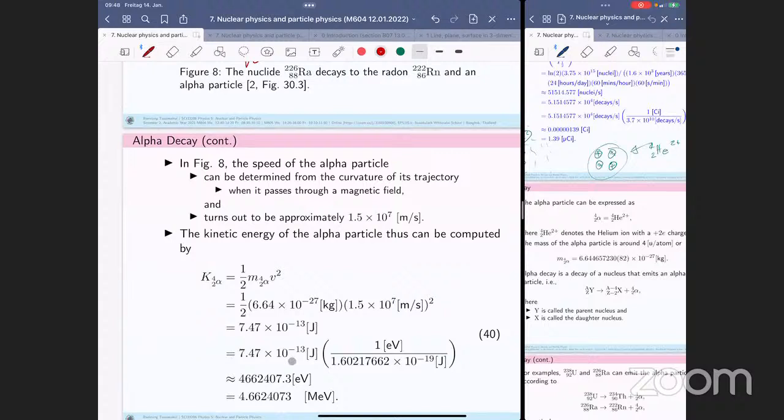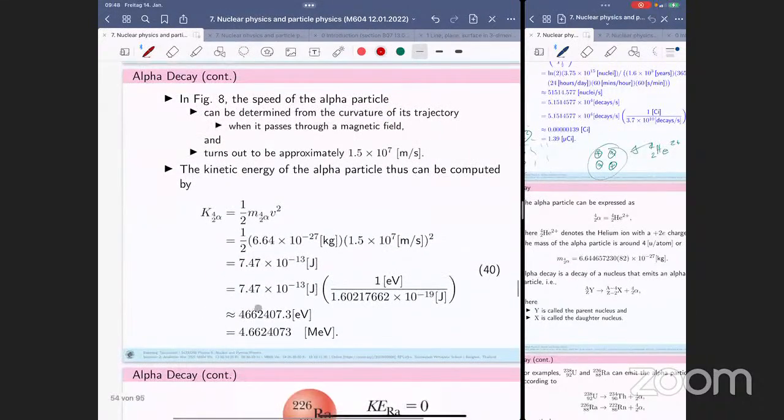The way to do that is to divide that amount by the electron charge, 1.6 times 10 to the negative 19 joule, and you get the amount of energy in electron volts, which is still high.